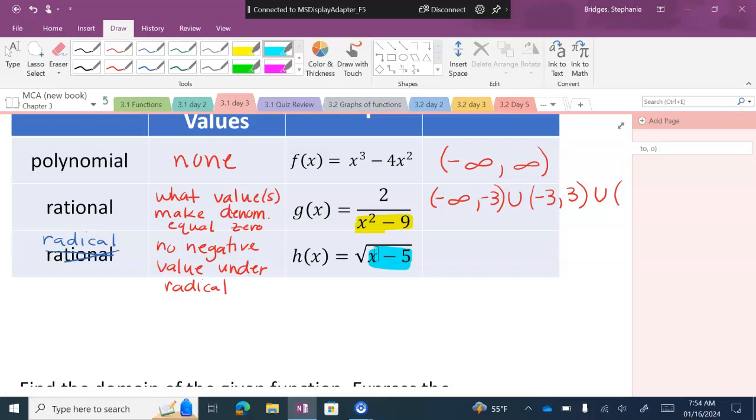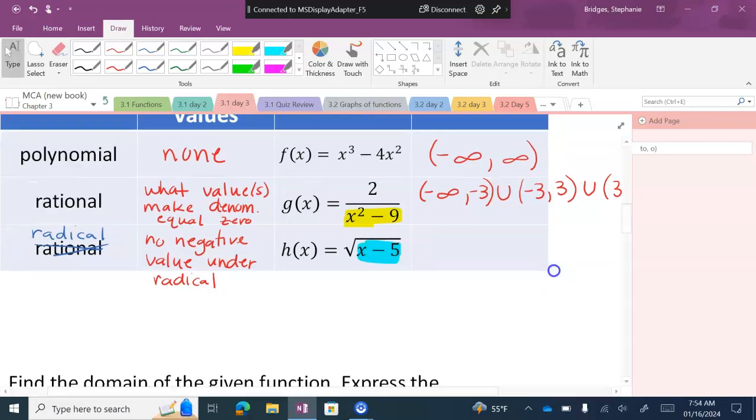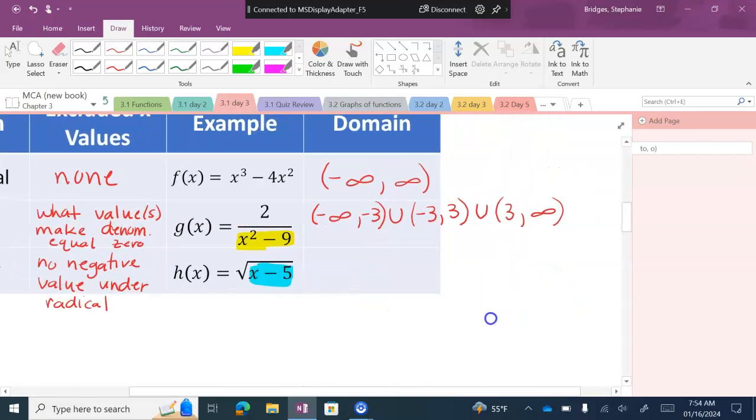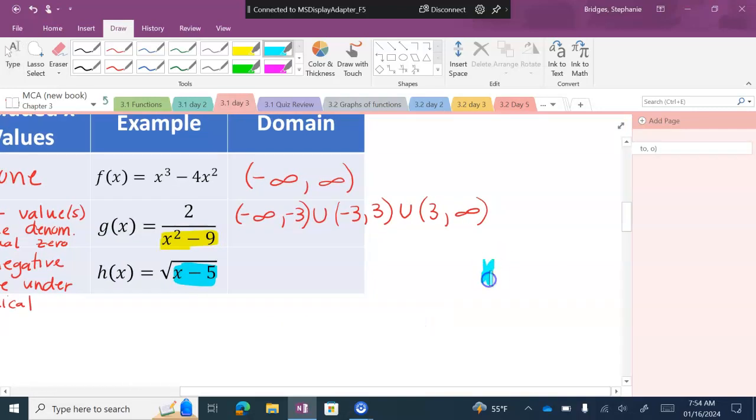Can we take the square root of 0? Yeah. What is the square root of 0? 0. So what I do in this case is I take that stuff that's under the radical, that x minus 5, and I'm going to put it greater than or equal to 0. That means it has to be anything bigger than 0, but it also can equal 0.